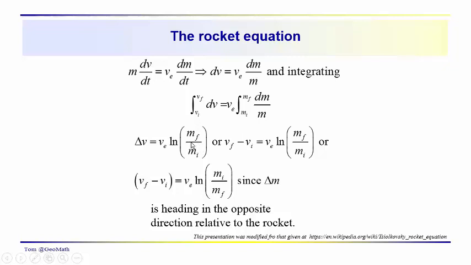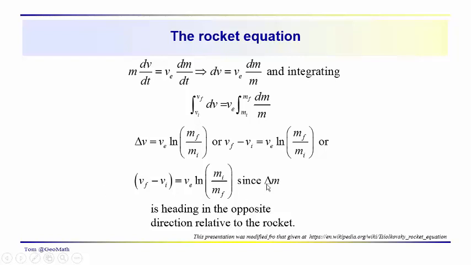But the negative sign there corresponds to a division in terms of logs, so we end up with delta v equal to v sub e times the natural log of the ratio m sub f over m sub i, which we can rewrite in this expression.